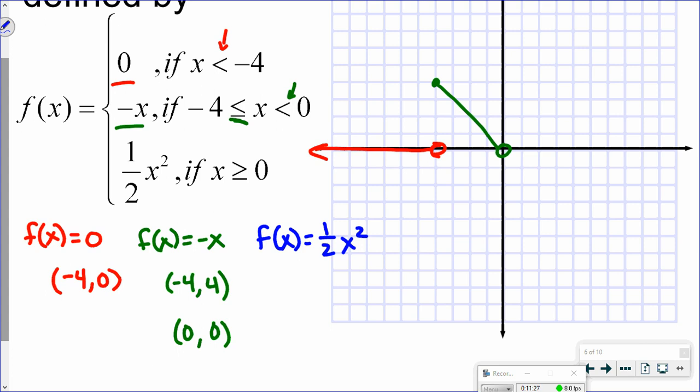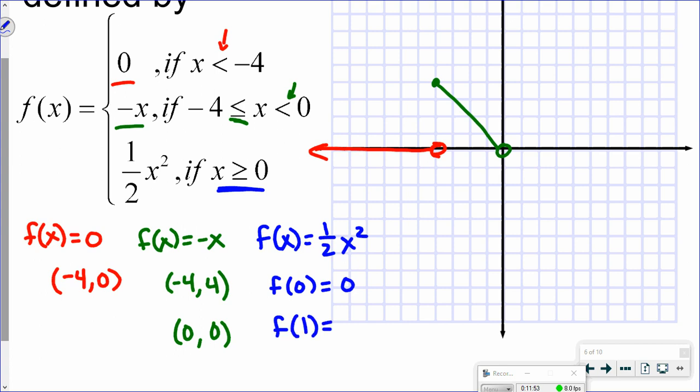So I'm taking half of the y coordinates because it's a vertical shrink. Or I can think about plugging in points, any points that are greater than or equal to 0. So let's start with 0. We need our endpoint. Okay, so that's 0. Okay, and then let's go greater than 0.